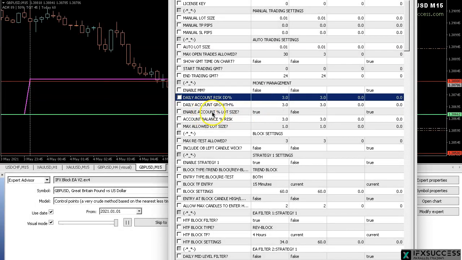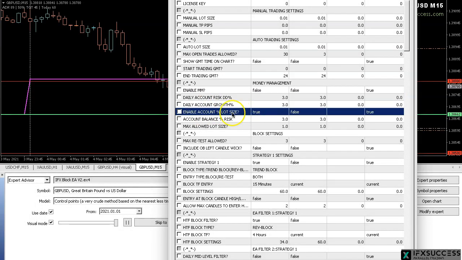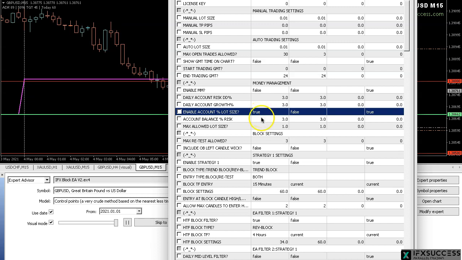Right here we can also enable account percentage lot size, so you can have your lot size based on your account percentage. This is also going to be great, so you don't have to have a fixed lot size. Once your account starts to go higher, or if it starts to decrease, then it's going to be based on your account balance. So that's the best thing about this.